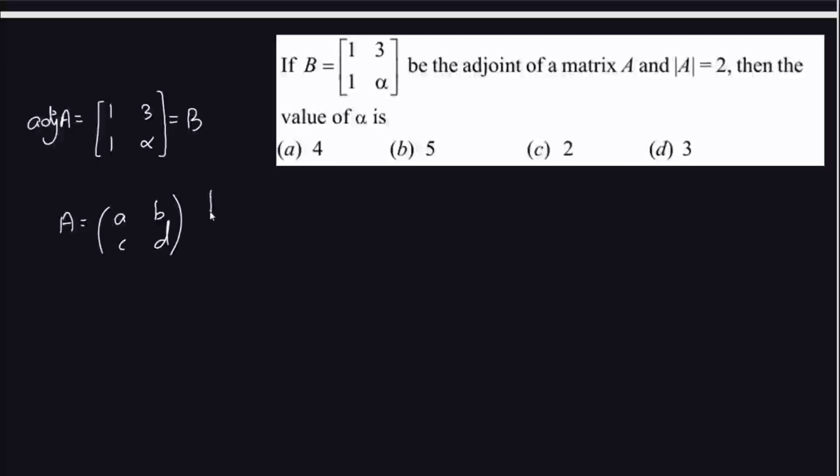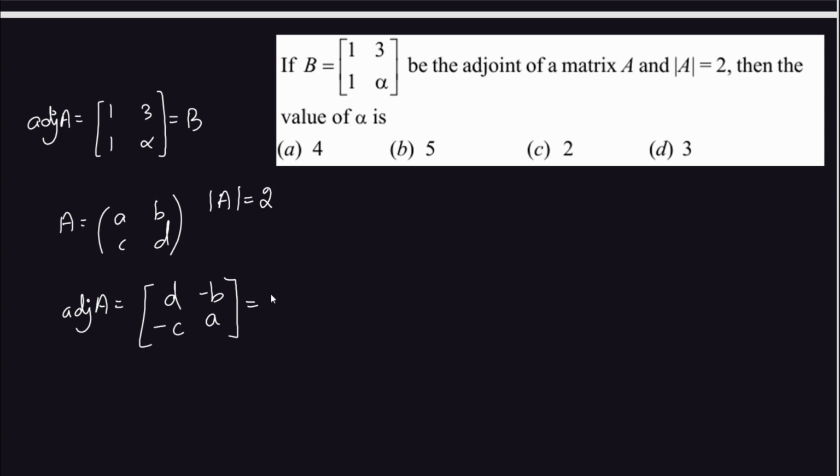But they have told that determinant of A is 2. I know about this. Now, if adjoint A is this matrix, then if I take A to be this matrix, what will be the adjoint of this general matrix? Adjoint matrix is what? Interchanging the diagonal elements and adding the minus sign for the remaining elements. So this is the adjoint.